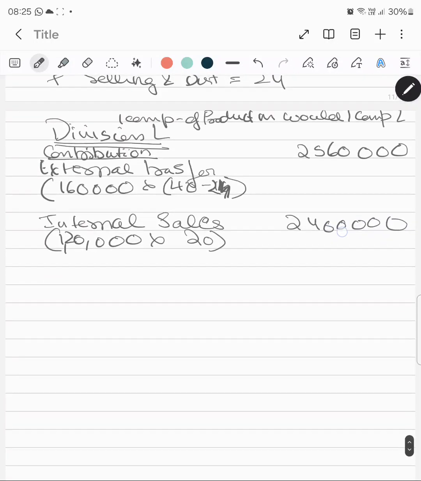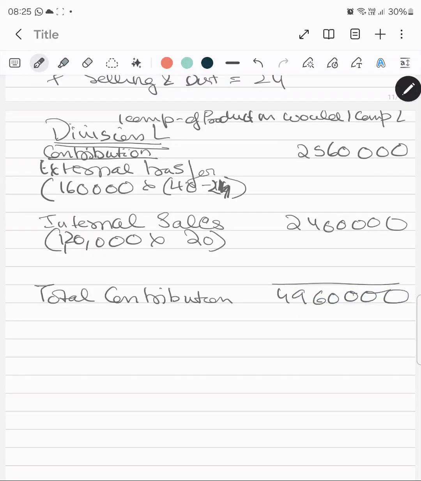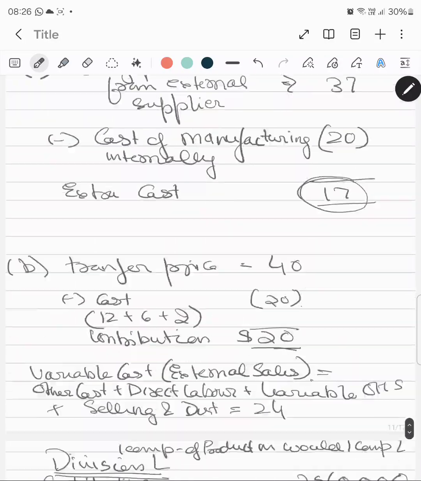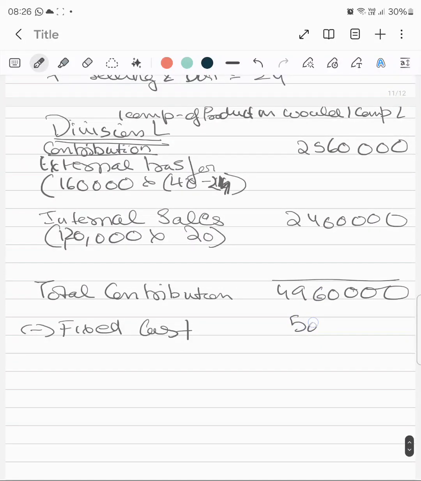So the total contribution for division L is 4,960,000. After that, we'll reduce the fixed cost, which is 5 lakh, and then we get profit.